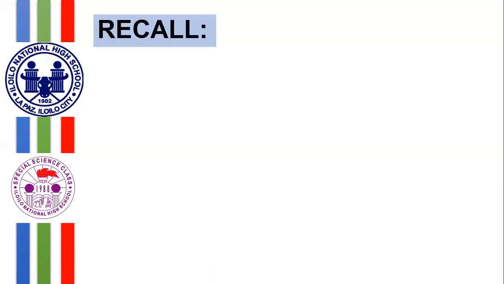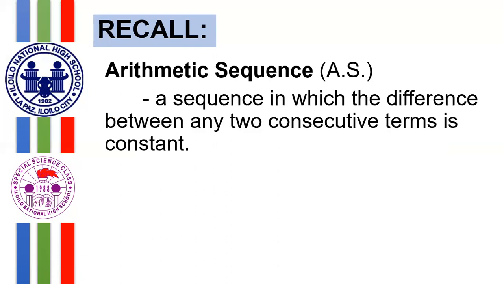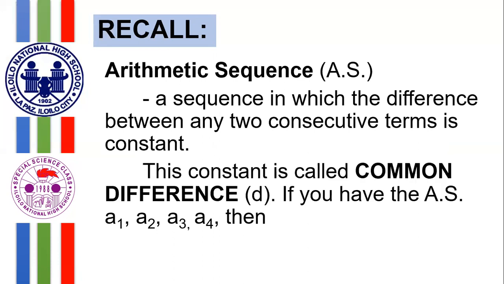If we could still recall, when we speak about arithmetic sequence, let's abbreviate it as AS for now. It is a sequence in which the difference between any two consecutive terms is constant. This constant is called the common difference, denoted by the small letter d.